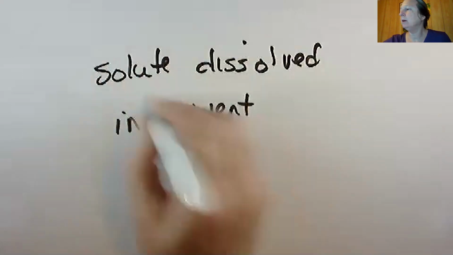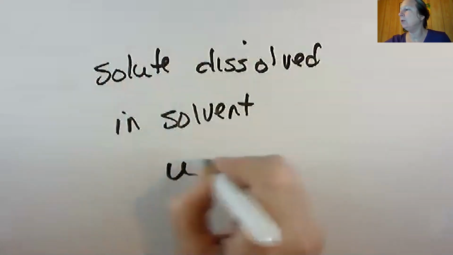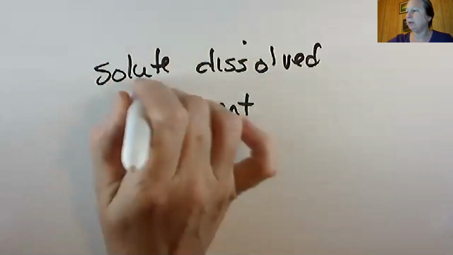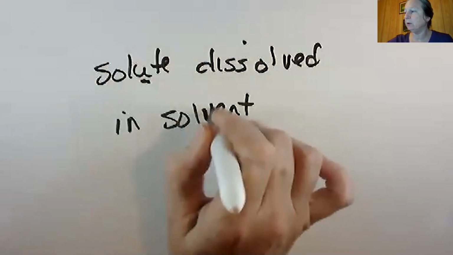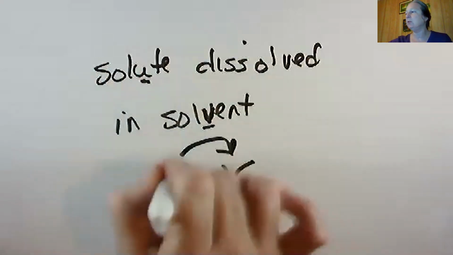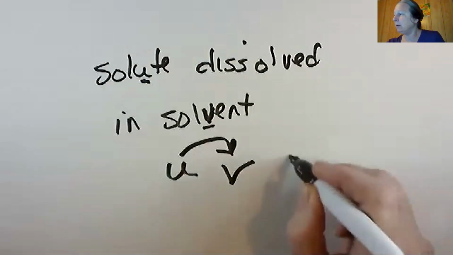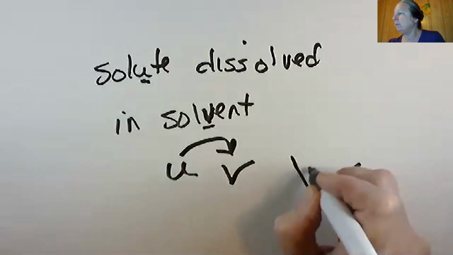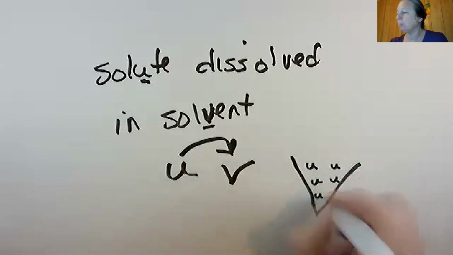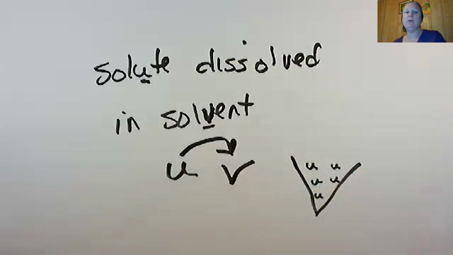So U, the solute, is being dissolved in the V, the solvent. That's easy to get confused, and you'll hear me do it, unfortunately. You've got this big old batch of solvent, and you've got all the solute dissolved in it. Looks like birds. So U is getting dissolved in V. The solute is dissolved in the solvent. Back to slides.